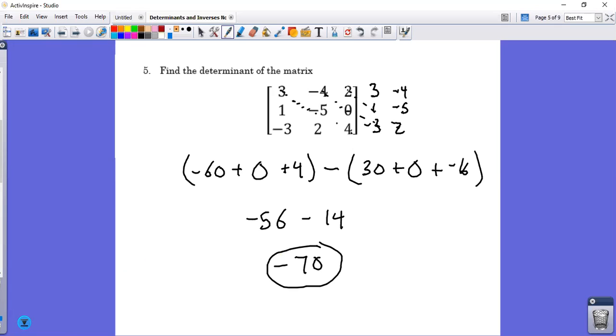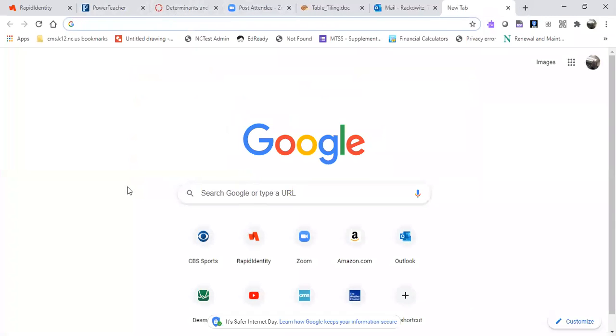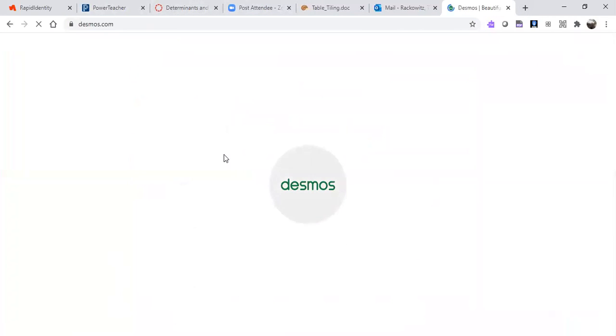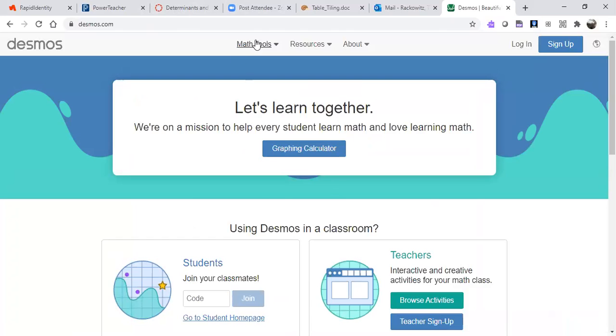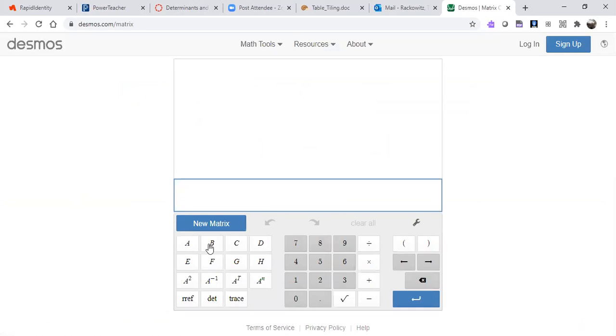So let's go back here. So Desmos, I already showed you on the graph on the matrix calculator. We'll come back to this matrix calculator. And let's make that 2 by 2.